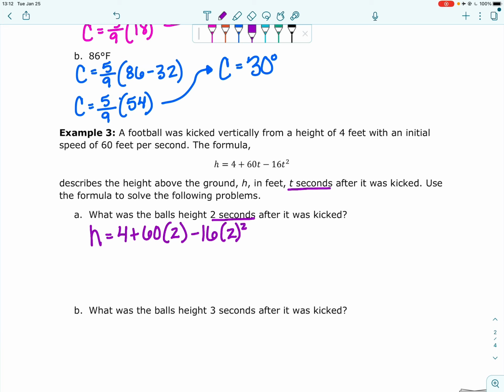And again, this squared is only on the t, only on the time. It's not on the 16. So we have to do the exponent first, then we multiply it by the 16. If we wanted the 16t to be squared, it would be in parentheses, but that's not what it is. So only the t is being squared.